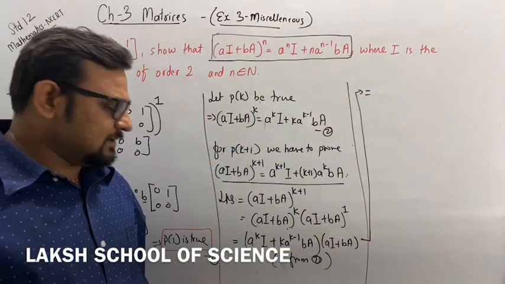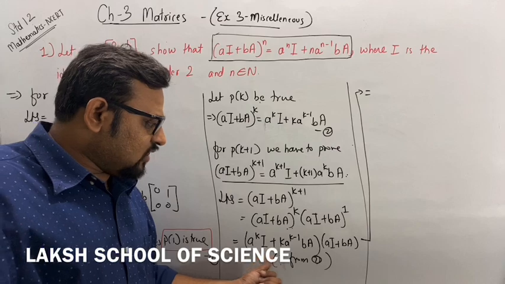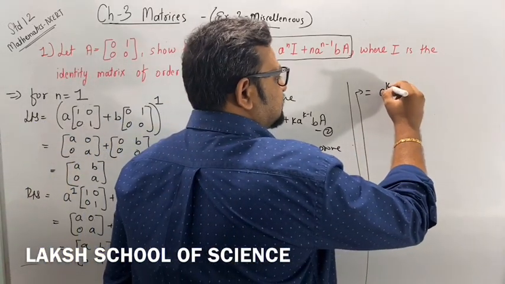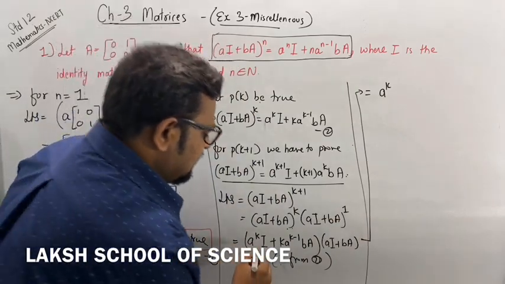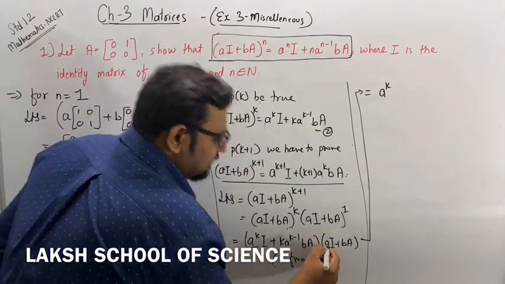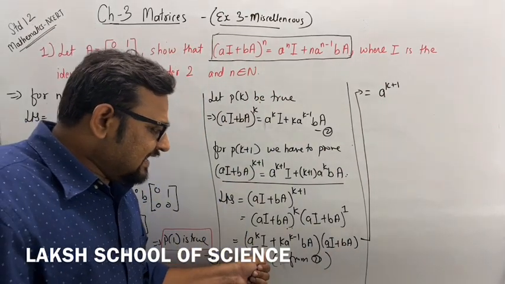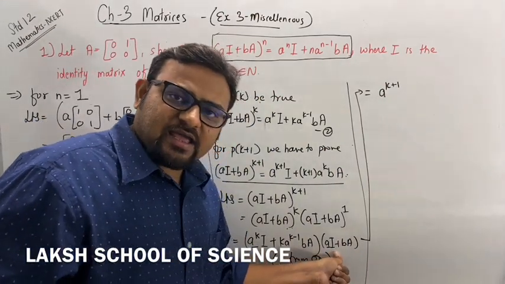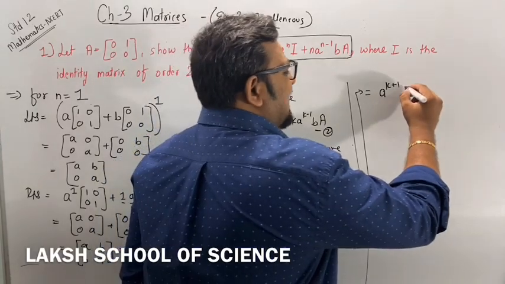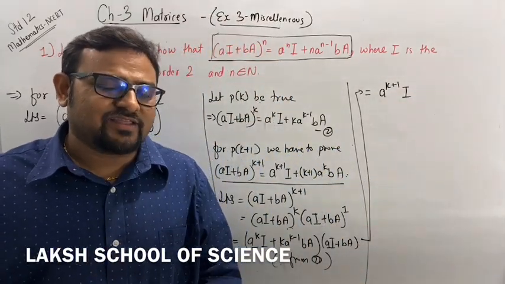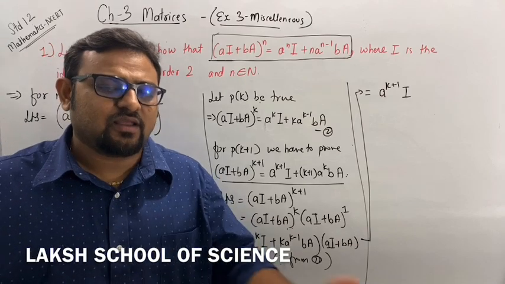So now let's take it down here. Let's multiply A raised to k I into A I. A raised to k into A means A raised to k plus 1. I into I will be I. Remember, the identity matrix plays the role like 1 in the numeric system, like 1 into 1 is 1.